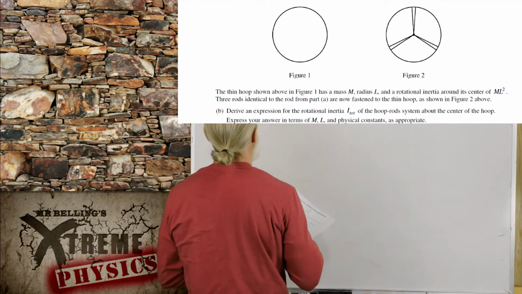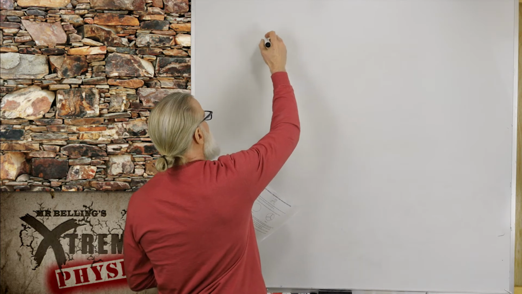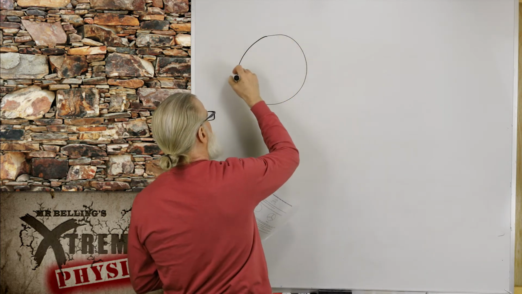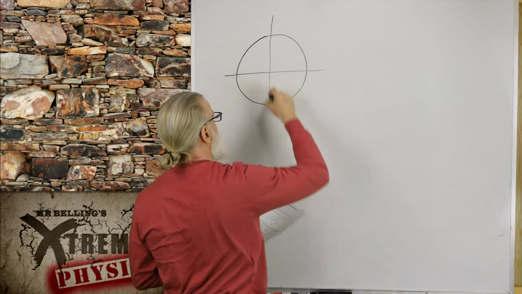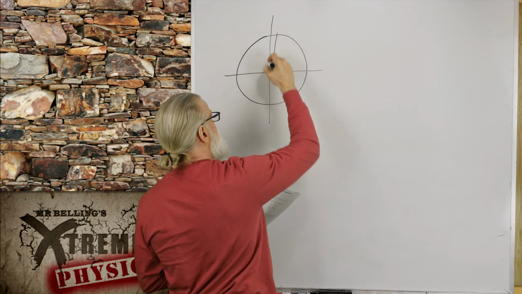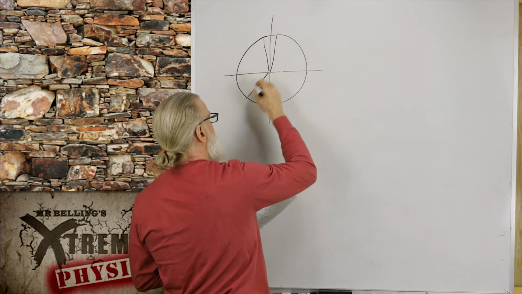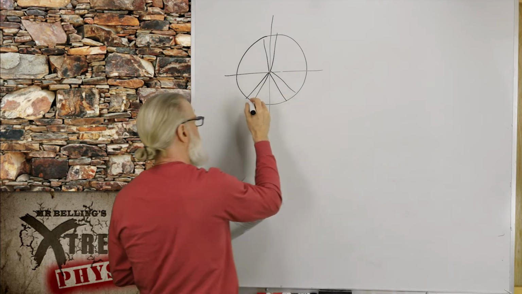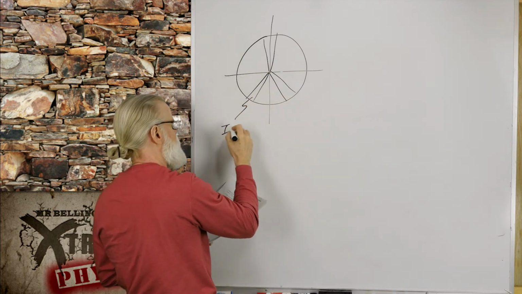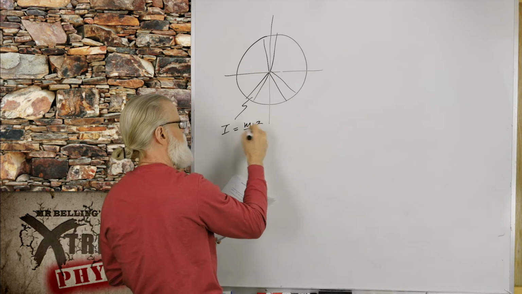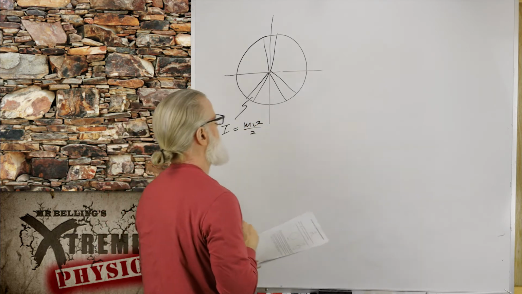All right, so we got this thing, and we're going to rotate it about its center. And it's got 3 of these, right? It's got 1, 2, and 3 of these. And each one of these has a moment of inertia. What did we say it was? ML squared over 2. All right.